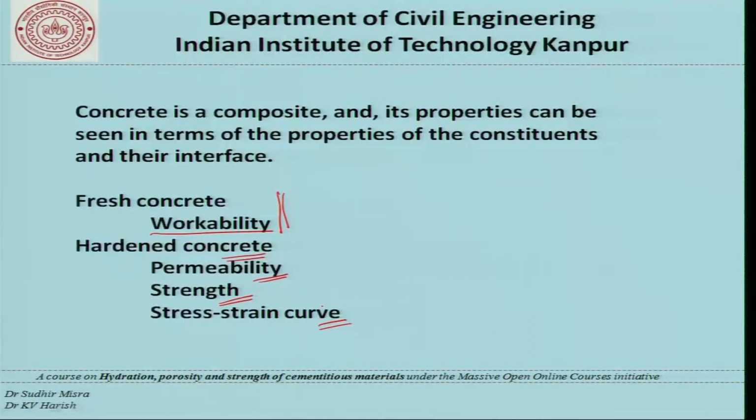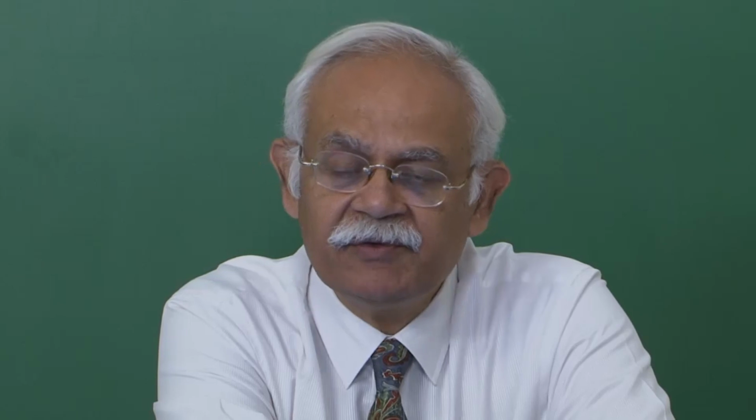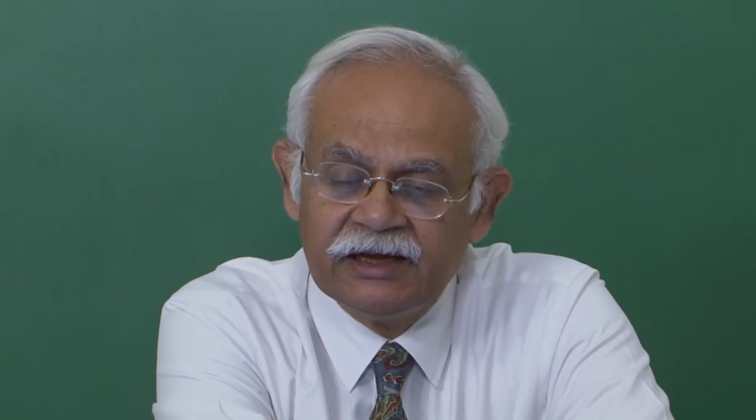concrete from that understanding, and the fact that the paste is an important part, but yet it is only about 25% as far as the volume is concerned. So when we talk about the bulk properties of concrete, whether it is permeability or strength, or the stress strain curve, or the workability for that matter, we will keep in mind the properties of the ingredients.